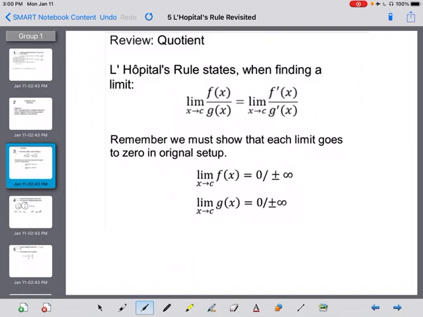Remember, we must show that the limits go to zero in the original setup, or go to positive or negative infinity.